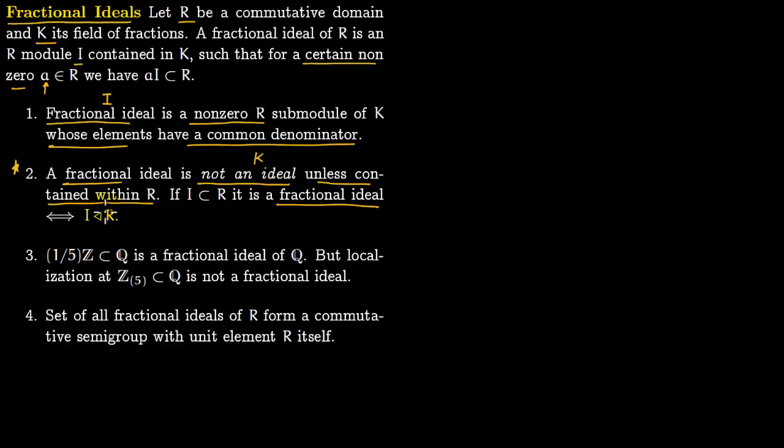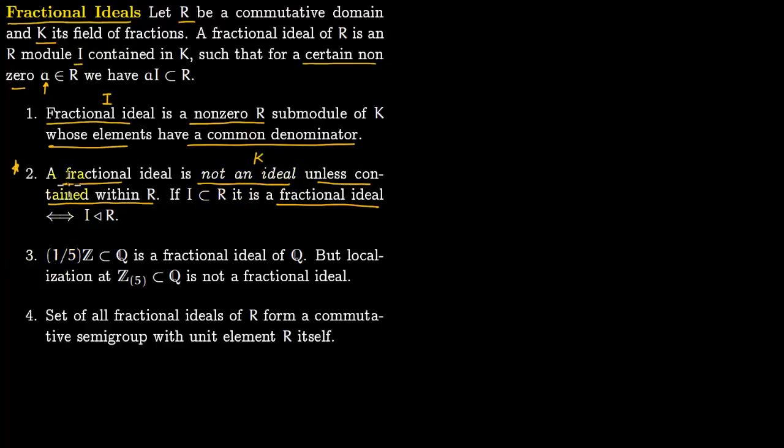Every time we take a fractional ideal and consider it in the underlying ring R, and this I is a subset of R, then I automatically becomes an ideal of R, and we will use this fact implicitly. But we have to keep in mind that if it lies outside R, then it is not an ideal.